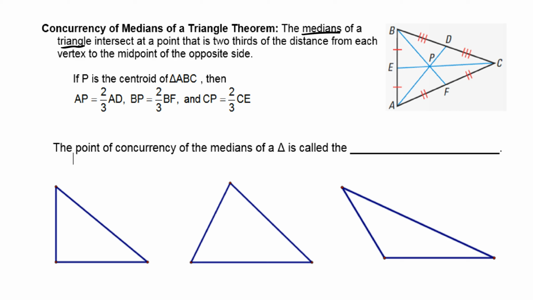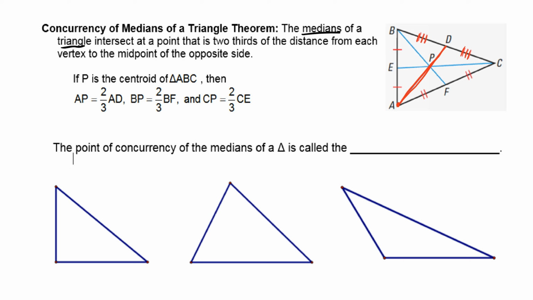A median, if we look at the picture to the right, is a line that cuts a side of the triangle into two congruent parts. Do you see how AD, this line here that I highlighted in red, cuts the line BC into two equal parts? The median also starts at the opposite vertex, the opposite angle to that side.